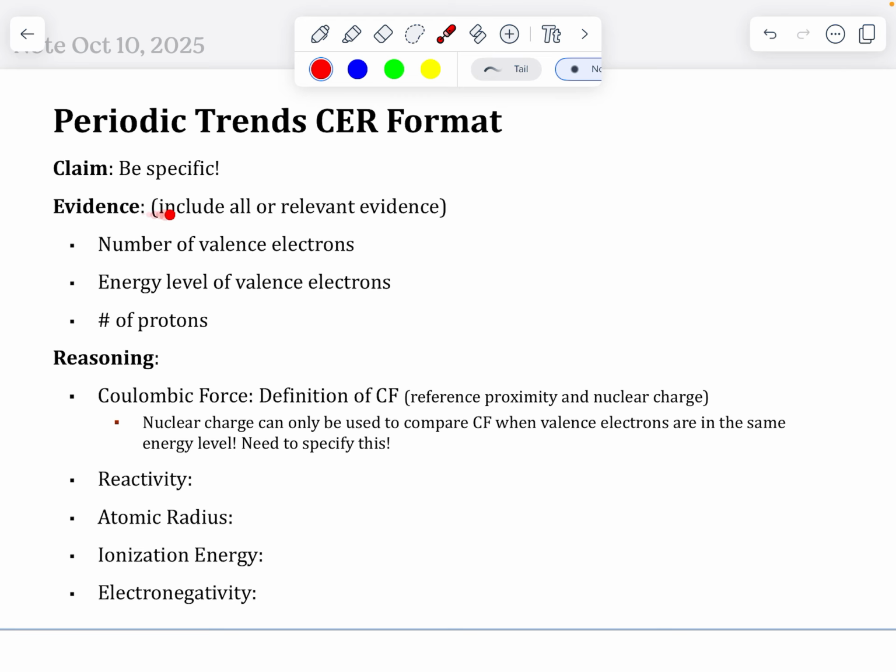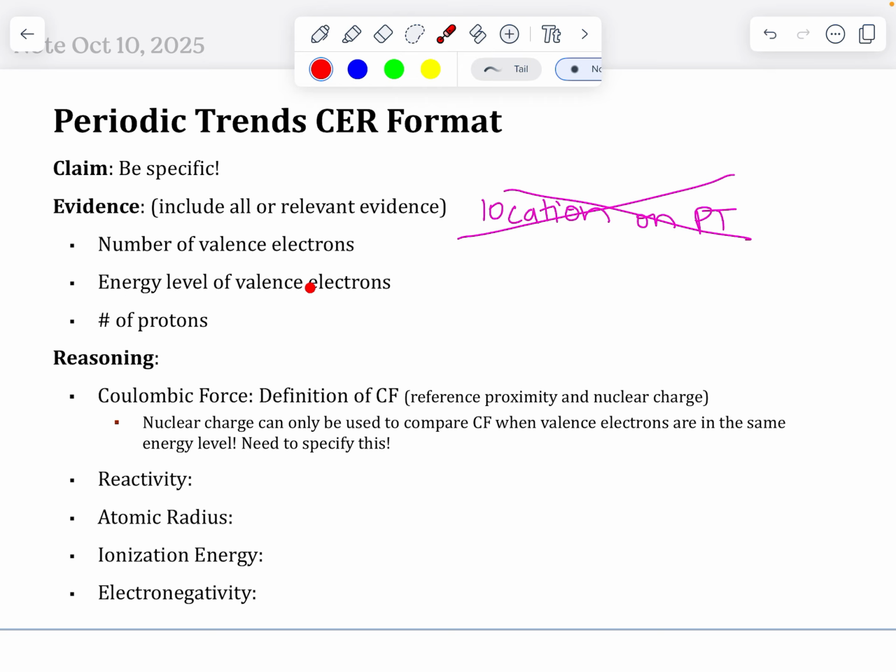For your evidence, you need to include all or just relevant evidence, and it should not be the location on the periodic table. So we don't want location on the periodic table. I want to know how many valence electrons something has. If it is in the second group, then that's 2 valence electrons.